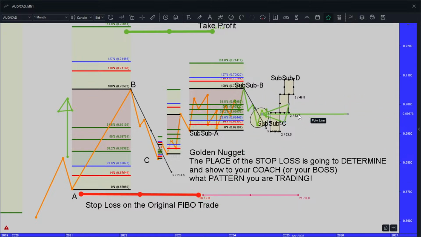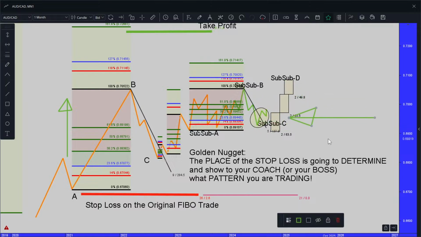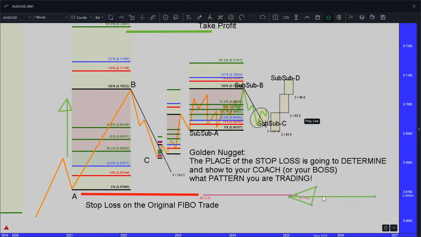No, but this is the sub A, and look what I entered. And I said, yes, this is the sub A, your charting is correct, but what makes the money is the stop loss. So where is your stop loss? And the trader says, oh, stop loss is down in here.